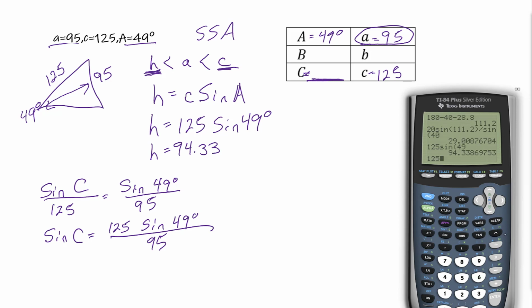Let's see what we get there. 125 sine 49, close parentheses, divided by 95 equals, I get 0.99303899213. I'm not even going to bother writing that down because what I need to do is take the inverse sine of that. So I hit second and then sine, and that gives me the answer. And it looks like I have angle C as 83.2 degrees.